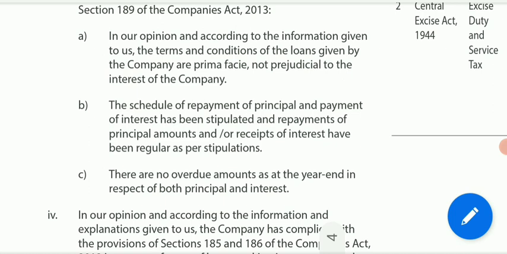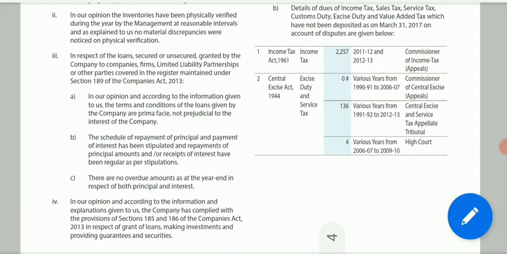They are also mentioning that the schedule of repayment of principal and payment of interest has been stipulated, and repayments of principal amounts and receipts of interest have been regular. And third, there are no overdue amounts as at year end in respect of both principal and interest. That means the company is regularly receiving its repayment and no amount has become overdue for more than 90 days. So this is how reporting is done.